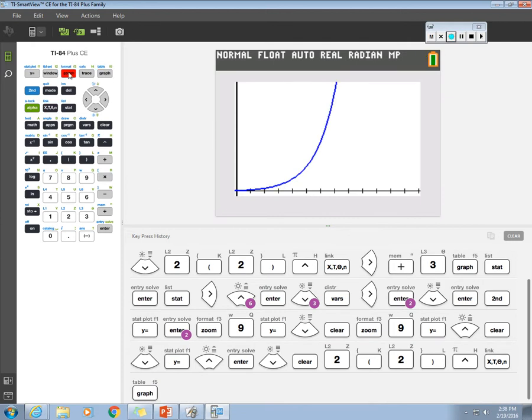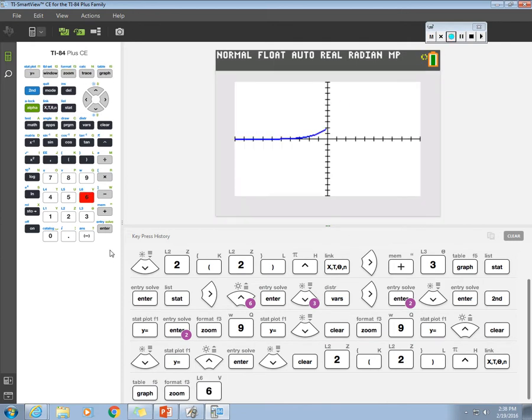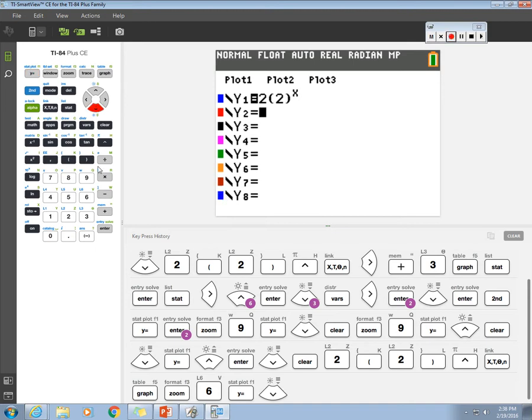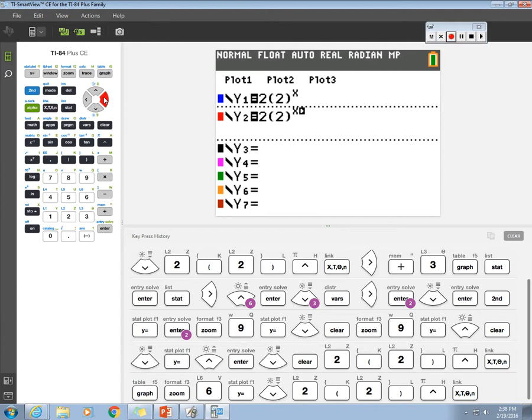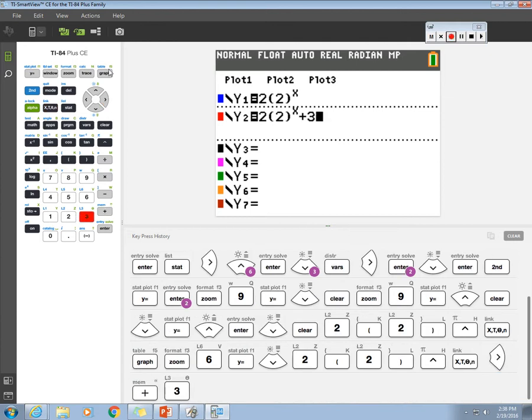Wrong graph. Zoom 6. Okay, see how since the a value was 2, your start value, your y-intercept is right there at 2. And then the graph is doubling. It's going up. It's a growth. Let's look at what happens if we use almost the same equation, but then on the end we put a plus 3.